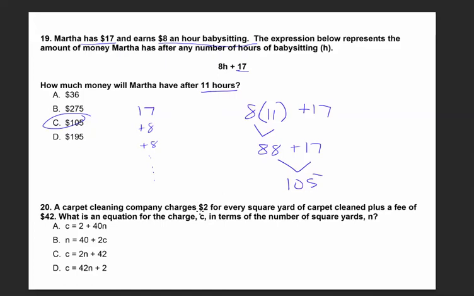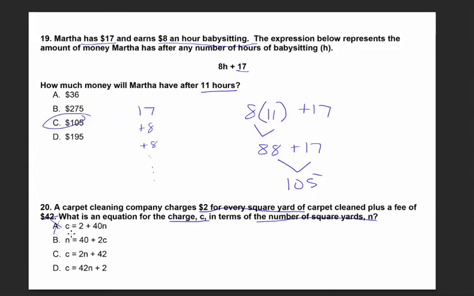The carpet cleaning company charges $2 for every square yard of carpet, plus a fee of $42. If C is the cost or the charge, and N is the number of square yards of carpet, which one of these equations matches? So first, this one says the cost is equal to $2 plus $40 for each square yard of carpet.